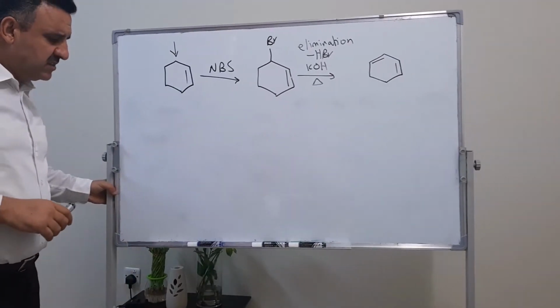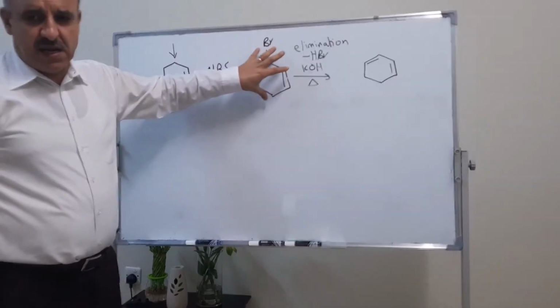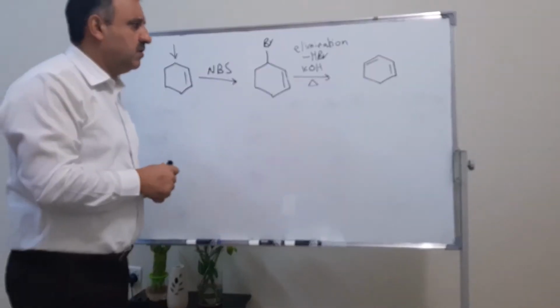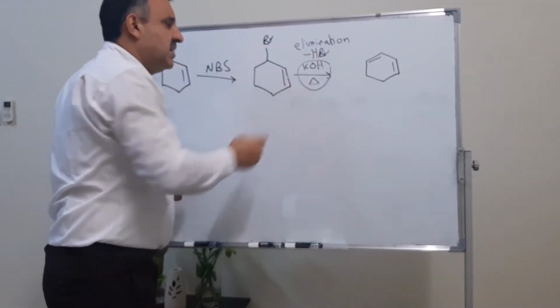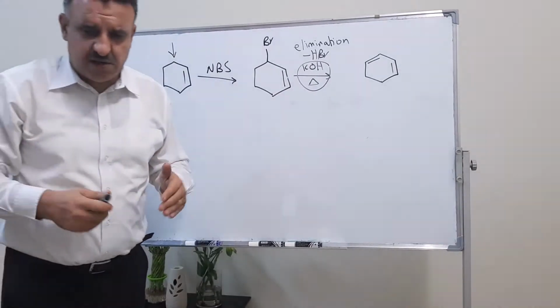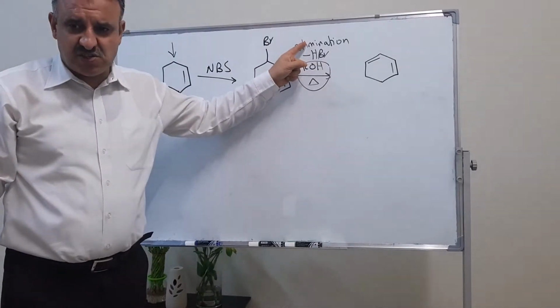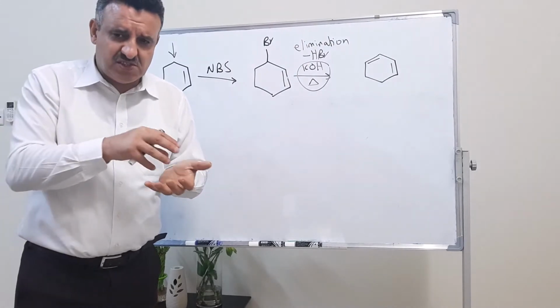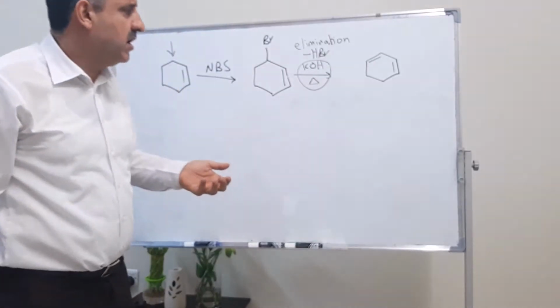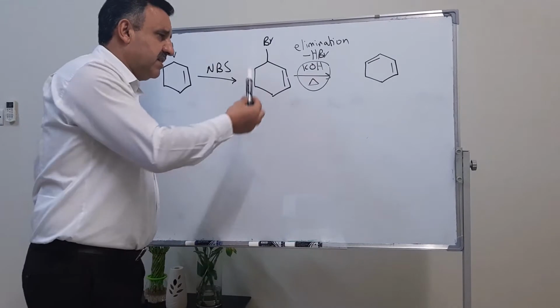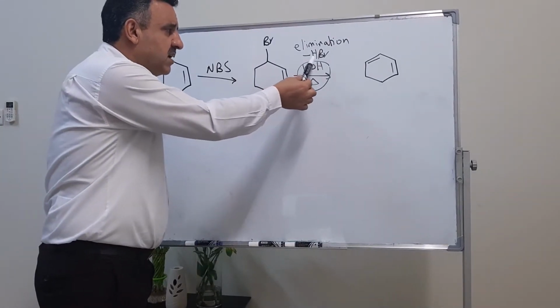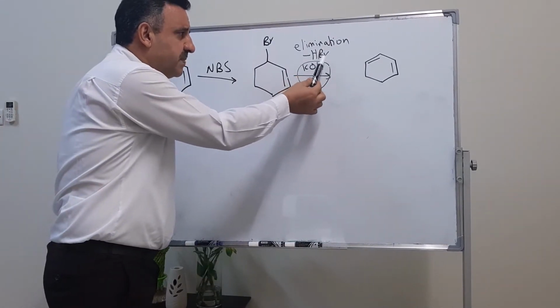Yeah, as I said, if we take this allyl halide and react it with KOH and heat, these reagents, generally speaking, make elimination. Elimination, as we explained, is simply a removal of a neutral molecule from the reactant. In this case, we will have elimination of HBr.